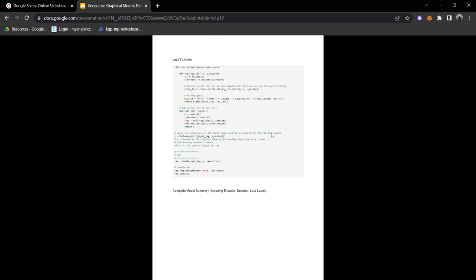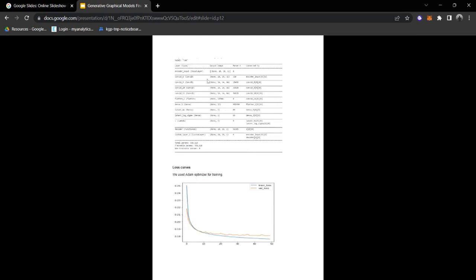So we have implemented a custom layer for that, which can be seen on the screen. This is our complete architecture in which we have combined the encoder, decoder block and the custom loss layer, and we can see the loss curve. We used the Adam optimizer for training and trained our model for about 50 epochs.